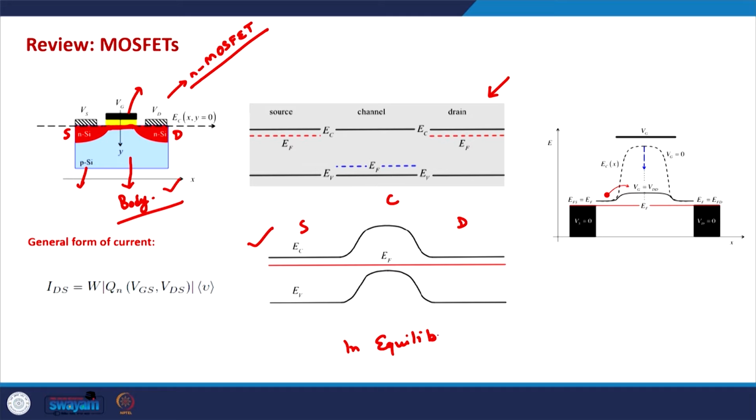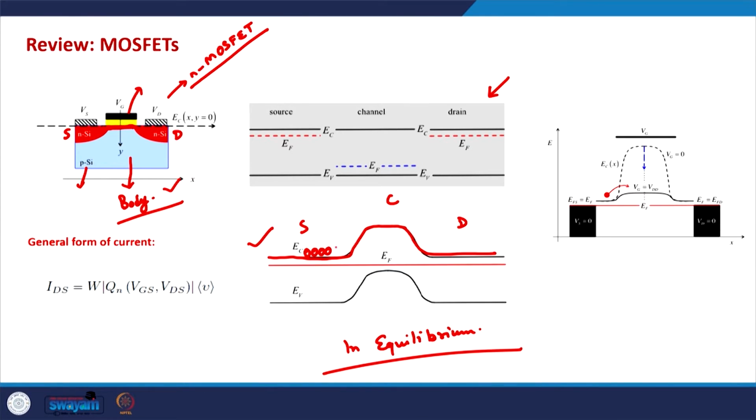In equilibrium there is a barrier in the channel for electrons to cross from the source or the drain. If we do not apply any drain voltage, there are some electrons sitting here because the source is N-type material. Similarly, some electrons are sitting here because the drain is also N-type material.